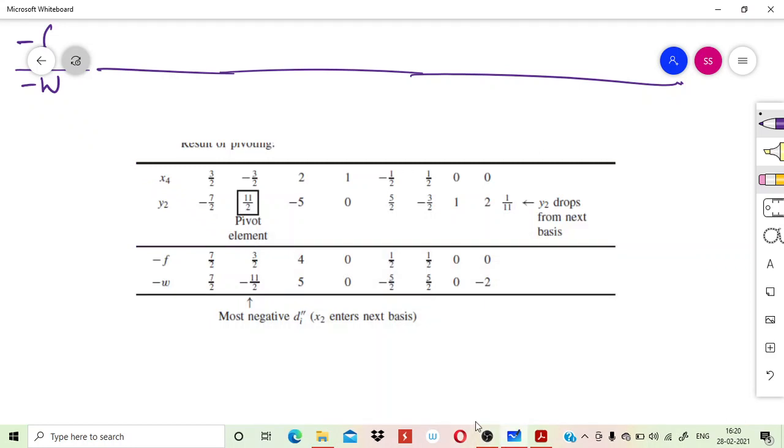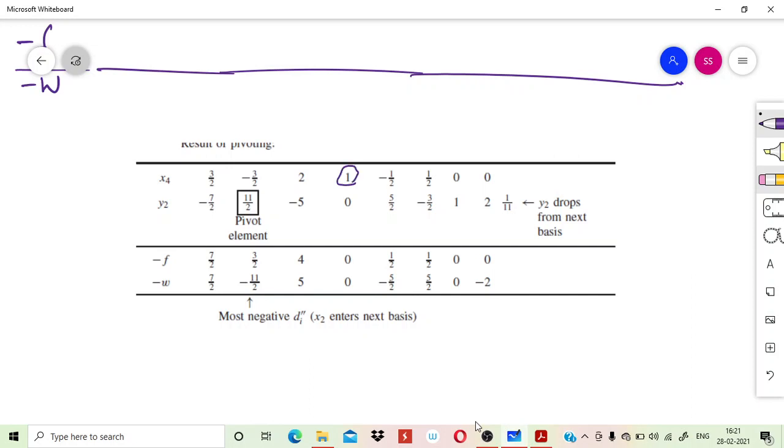The result of the updation of the table will be like this. Here, in place of y1, since y1 was the leaving variable earlier, y1 got relieved and x4 entered, and x4 sits here. We have the pivot position here.